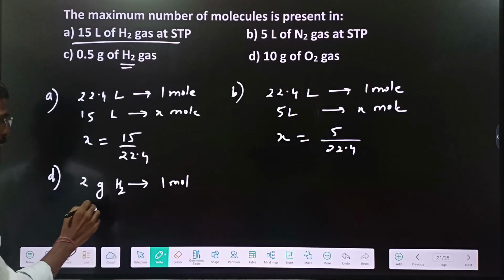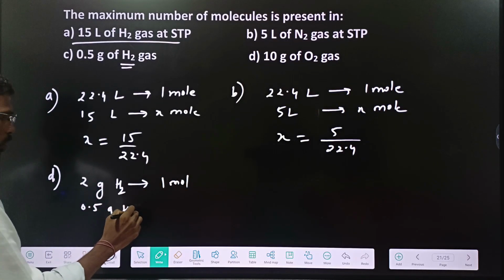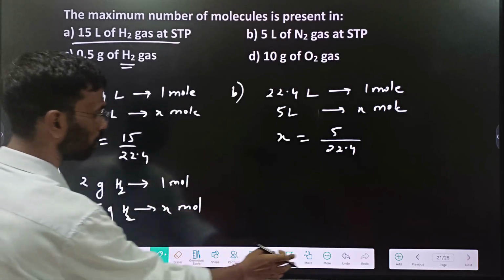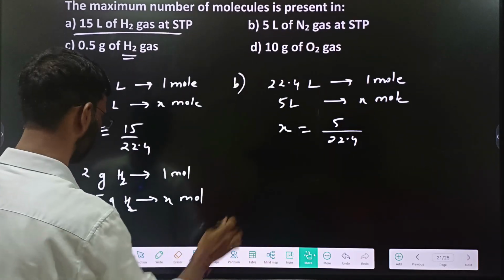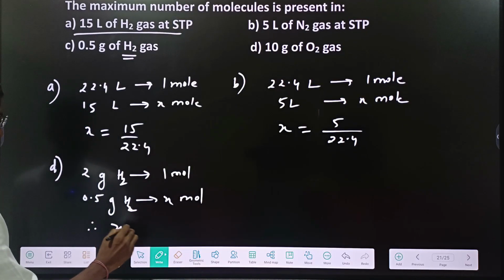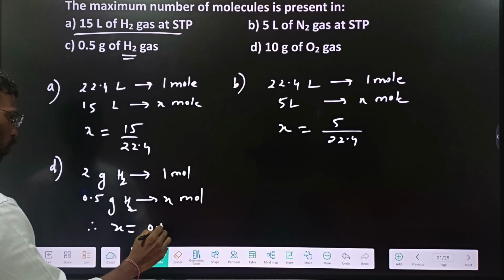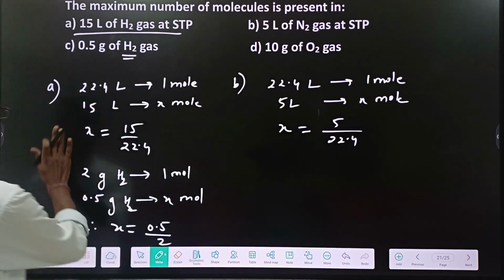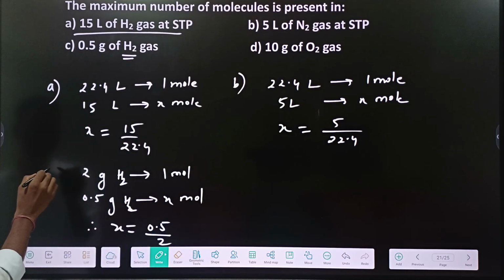And 0.5 gram H2 is equal to X mole. Therefore, X is equal to what? 0.5 by 2. Right? And sorry, this is C, option C.